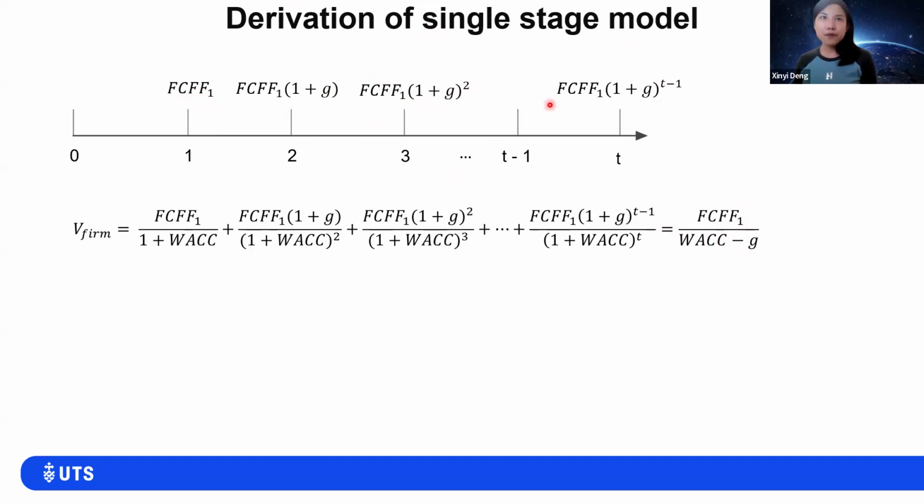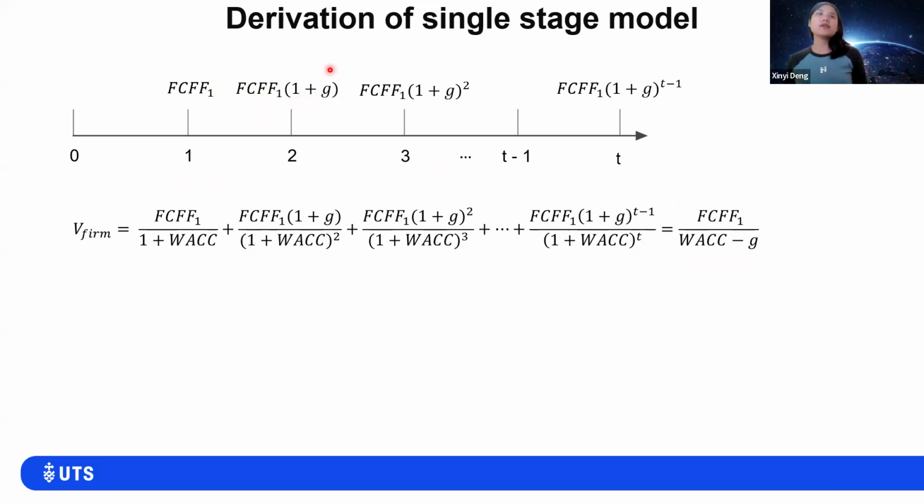The only difference is that we have to replace the discount rate. Right now we are using WACC, and we need to replace WACC with the cost of equity calculated by the CAPM model. So now let's focus on the derivation when we use FCFF.